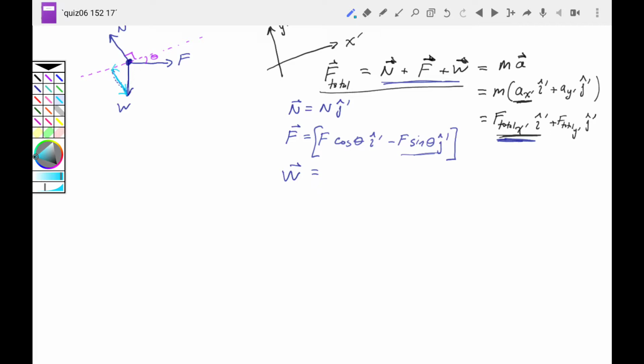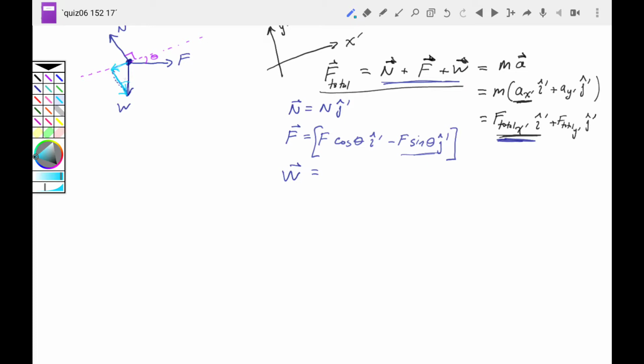And this theta, let's see. So as theta goes to 0, this component of the gravitational vector in y goes to 0, or gets smaller and smaller until it goes to 0, right?